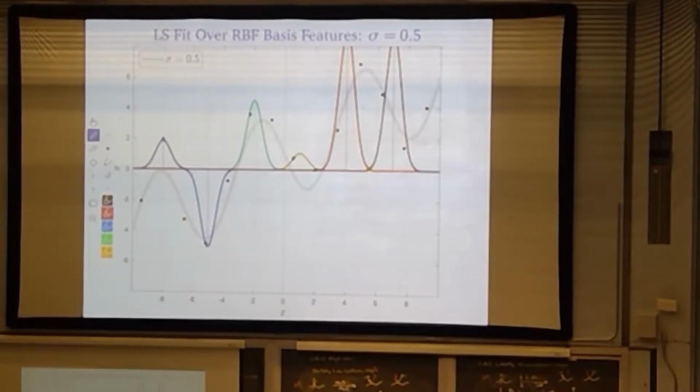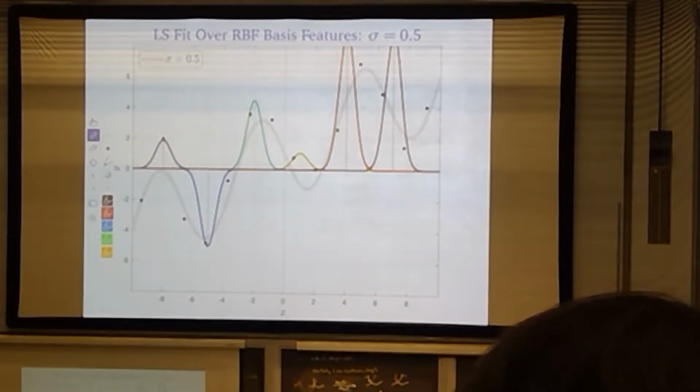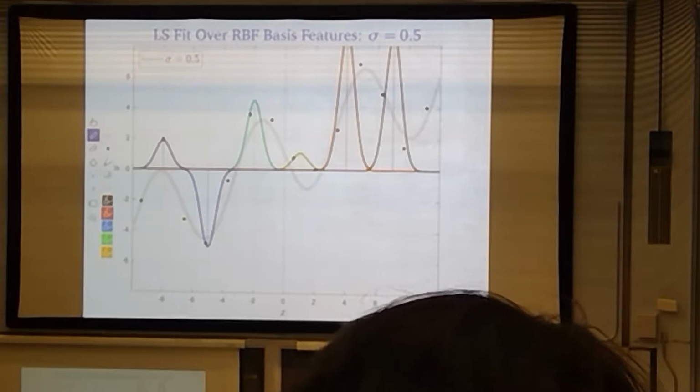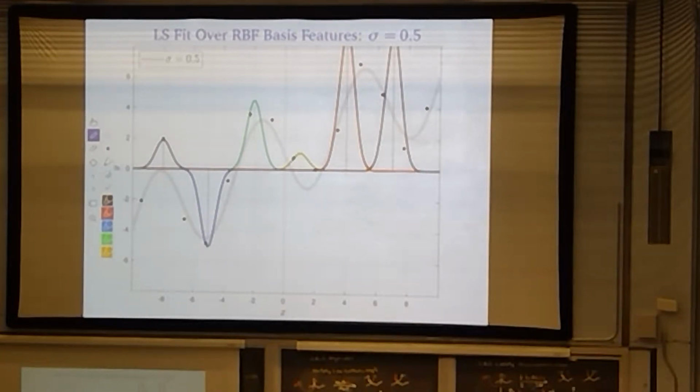Instead of either the horizontal line, slanted line, cubic curves, I have individual bumps. In this case, I assume the location of the bumps are chosen at fixed points here, okay?